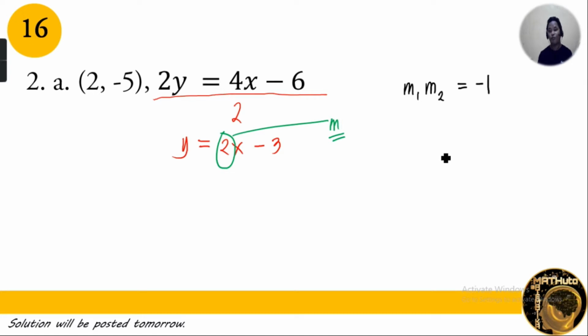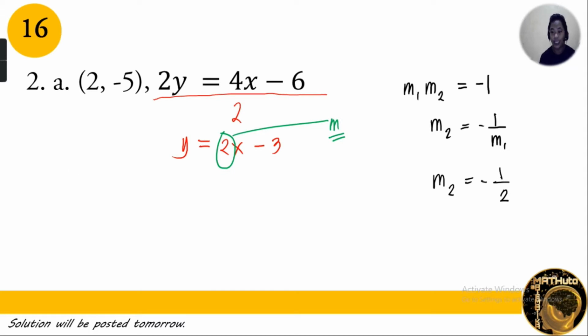Or we can find the slope of line 2 by the negative reciprocal of the slope of line 1. Since we are using this slope of the given line, which is equal to 2, therefore, the slope of the line we are looking for is equal to negative 1 over 2. Kasi nga po, perpendicular yung ating hinahanap.